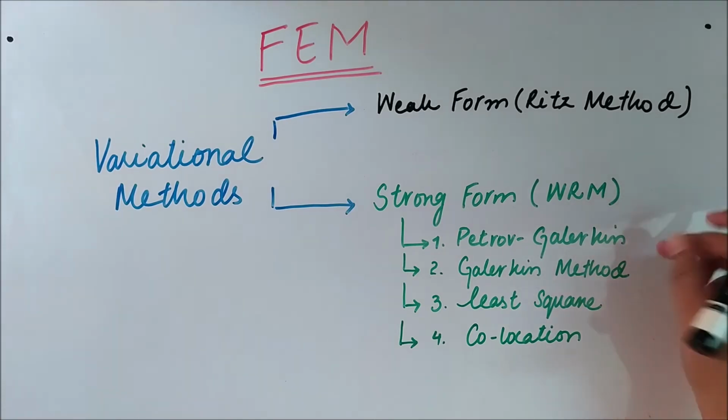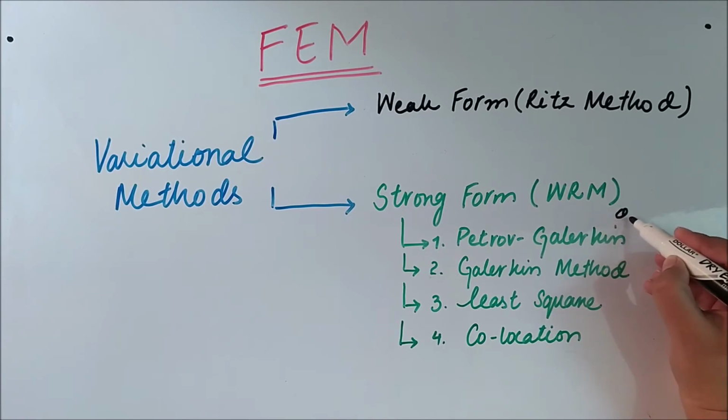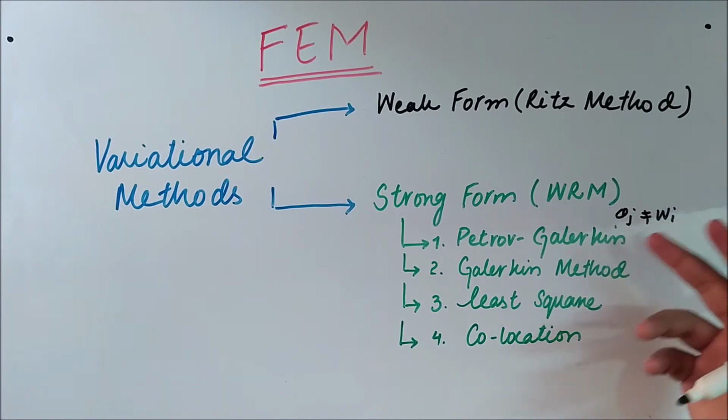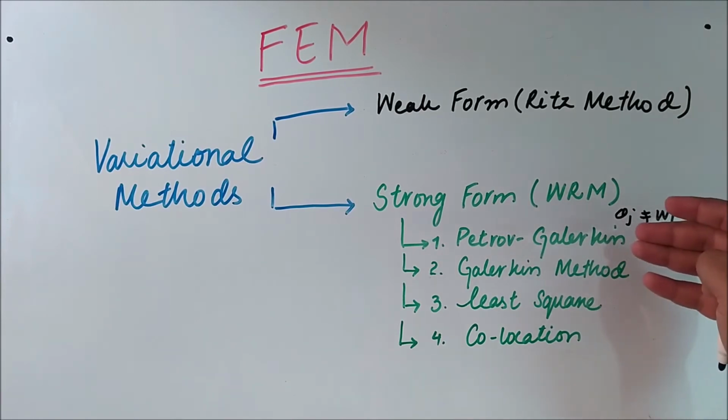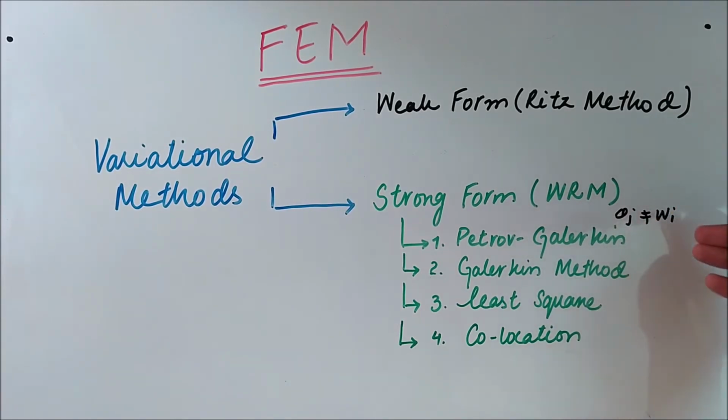So both of these functions need to be different, but yes, there are certain limitations of shape functions as well as the weight function. We'll talk about the limitations of these two functions in the next video.